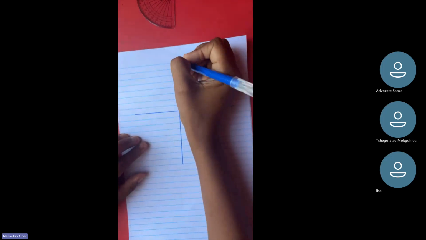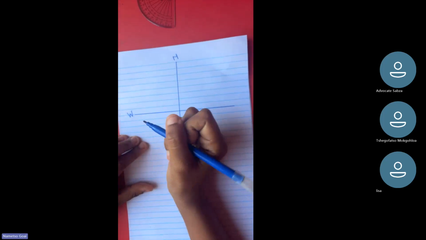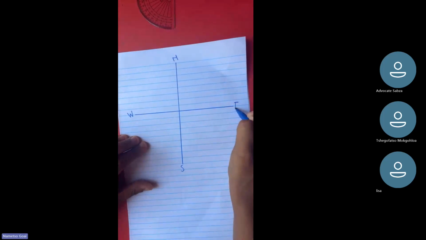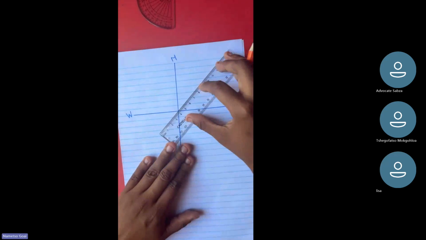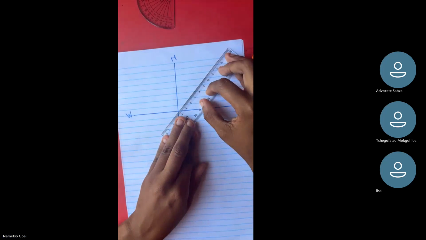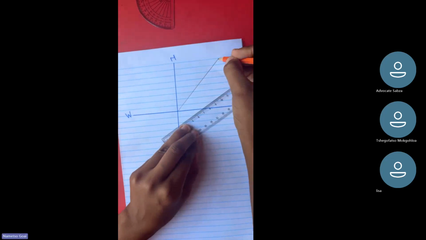So if this is your north, this will be your south, this will be your west, and this will be your east over here. If you have an angle and it's over here, this is your angle.